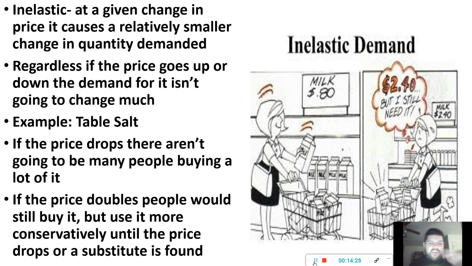I'm not gonna drown my steak in it. I'll probably use it sparingly till the price goes down. That's what they mean. You're not gonna be overly buying stuff, and you're not gonna not buy it at all because the price is too high. That's the thing. Okay.